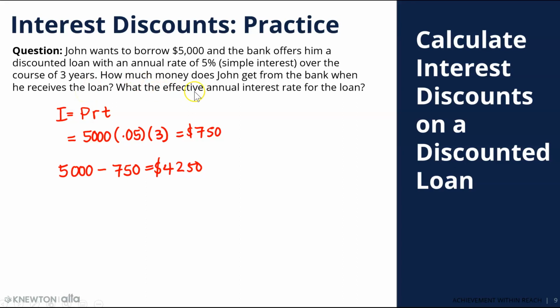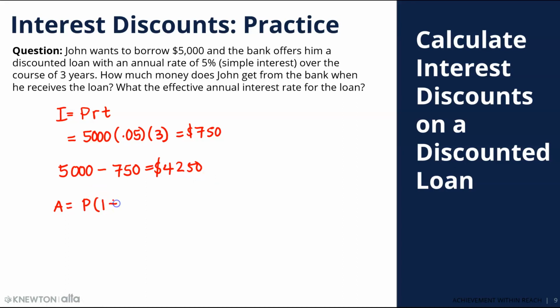Now, if you want to compute the effective annual interest for the loan, you can use the formula A equals P times 1 plus R times T. This A is the future amount, and P is the principal, the amount received at the beginning.